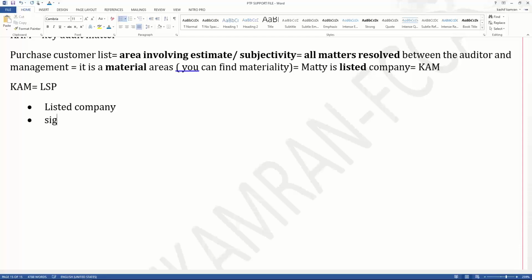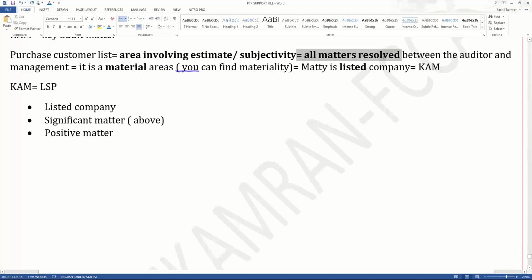Number two, CAM comes for a significant matter. Do you know the definition of a significant matter? Have I given you the definition of a significant matter above? Risky areas, adjusting and non-adjusting events, and areas involving estimates. Significant matter. LSP. CAM comes for a positive matter. Was the examiner telling us it is a positive matter?